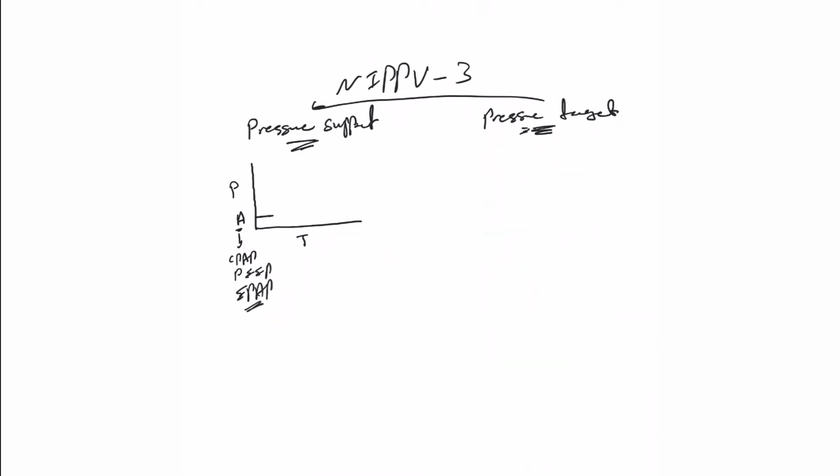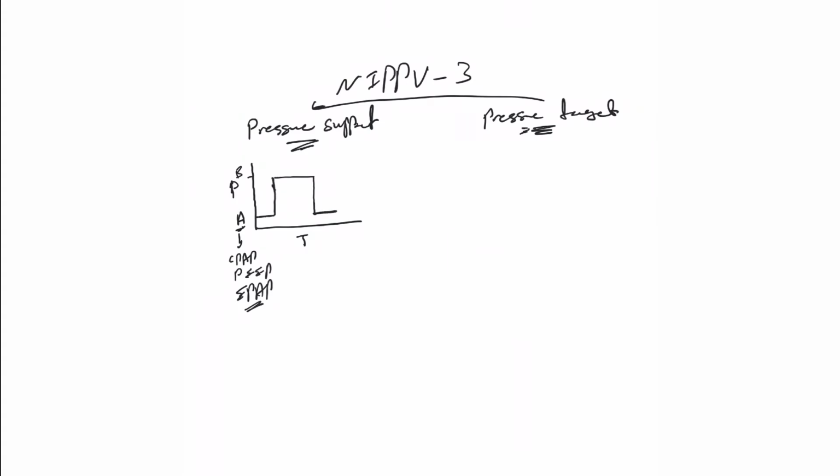Of course, now we need to deliver a flow and volume of air into the lungs to deliver the tidal volume. So we tell the ventilator, please increase the pressure during inspiration from A to B. So it goes like this. As soon as the inspiration terminates, it goes back to the baseline.